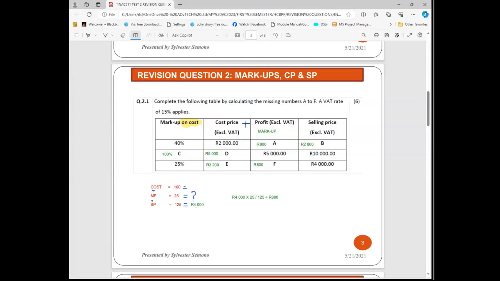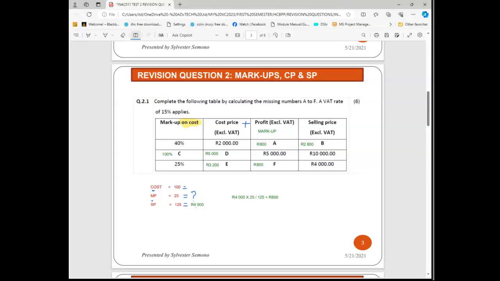So, for example, if the 2,000 under the cost price was including VAT, I need to say 2,000 times 15 over 115 first. And then I'll do the other calculations. Remember that 15 over 115 is the VAT. You must go and minus it from that 2,000.